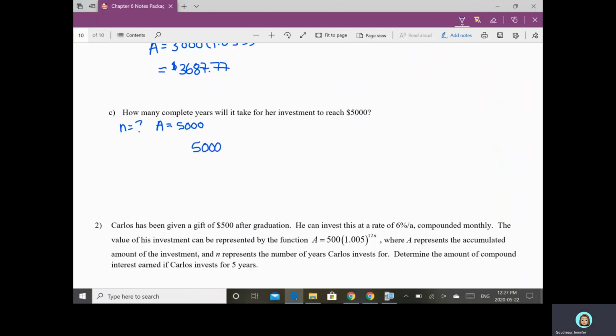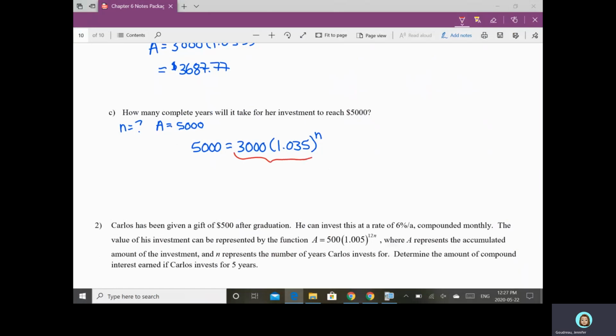Our A is 5,000. So 5,000 equals 3,000 times 1.035 to the power of n. We need to solve for n. Just like in 6.4, we know how to solve equations of this type. We are going to solve by graphing.